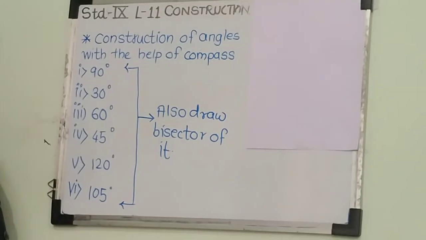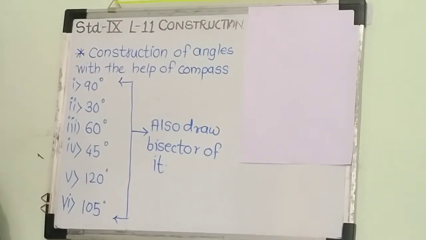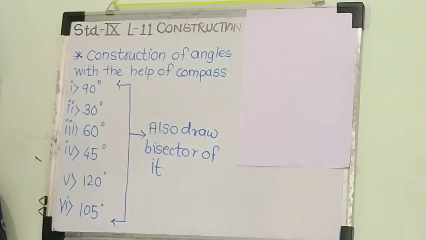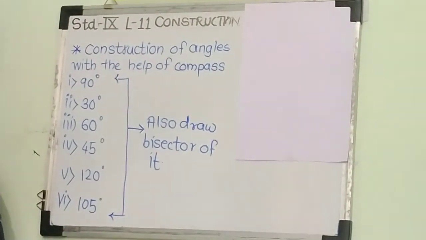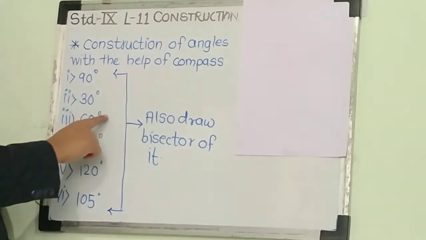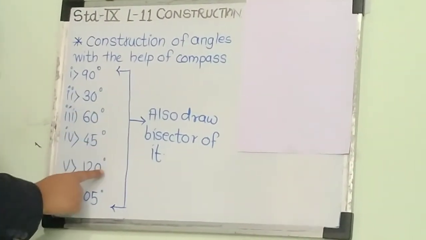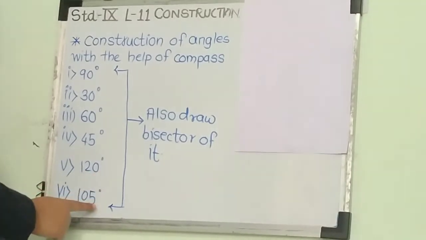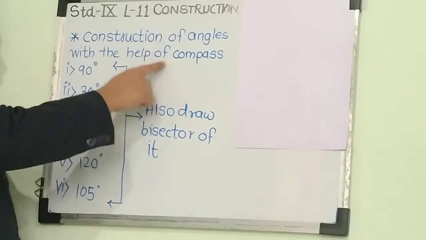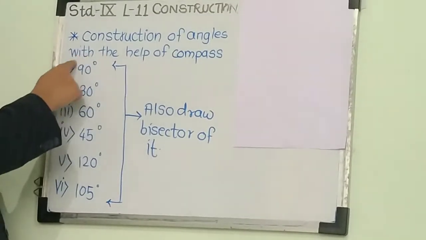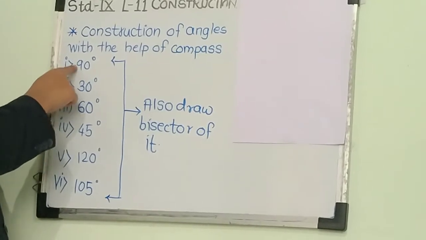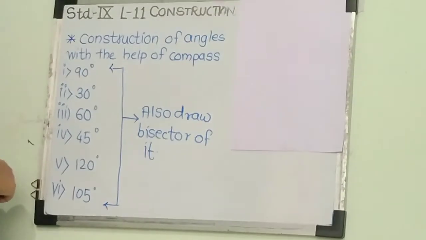Now the next topic is the construction of angles with the help of a compass. We are going to construct angles of 90 degrees, 30 degrees, 60 degrees, 45 degrees, 120 degrees and 105 degrees with the help of a compass. If you observe, all these angles are multiples of 15.